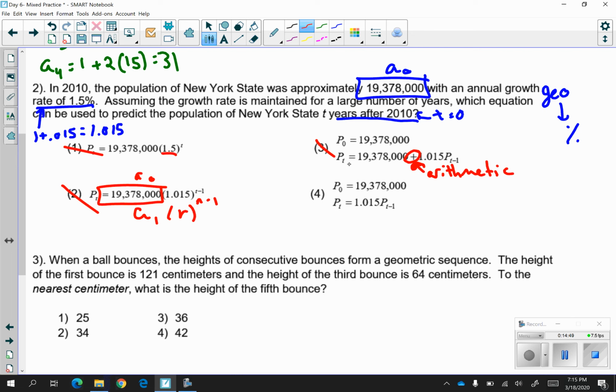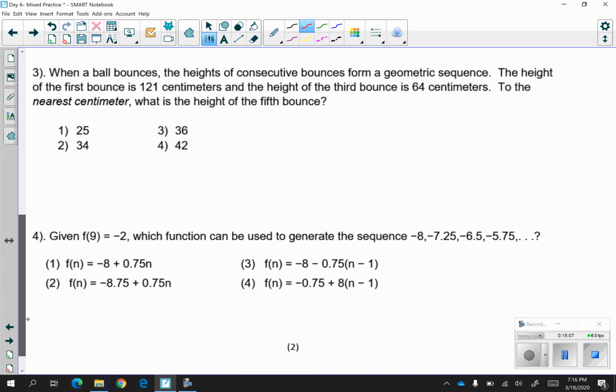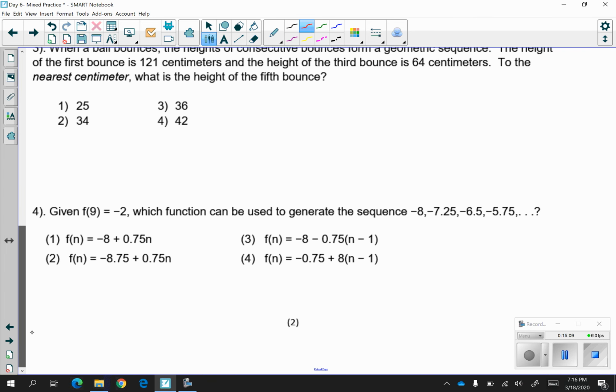And that leaves you with the last one. You're given your initial term, right? A sub 0, and then they're telling you that each time you're multiplying by a common ratio because this is geometric by 1.015.